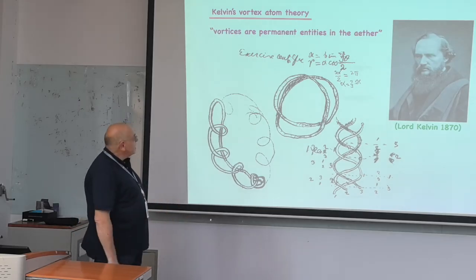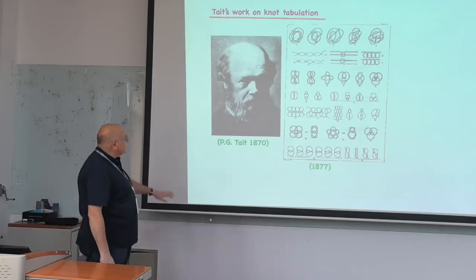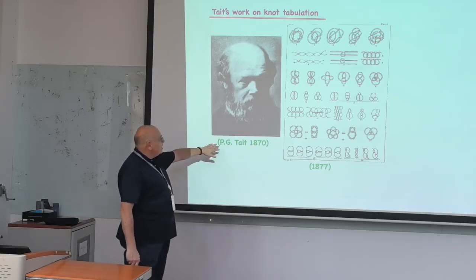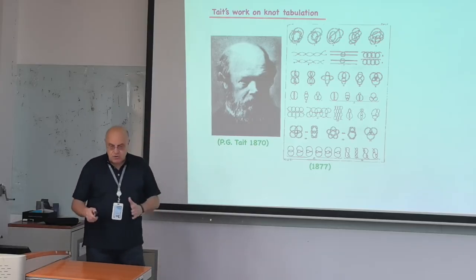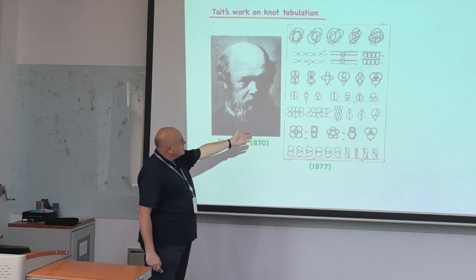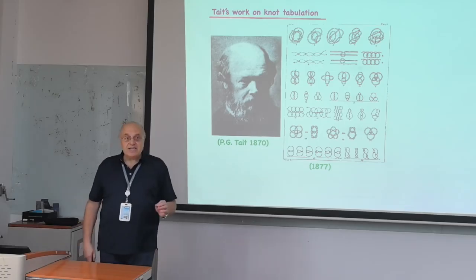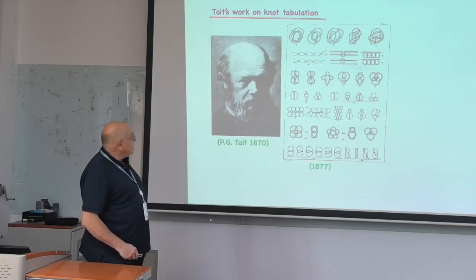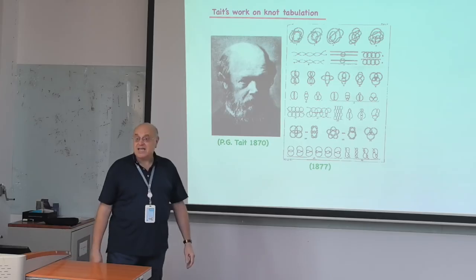And this was done by Tait. More or less at the same time he started to classify knots and links. This is the first table that he produced, and you see it 7 years later.